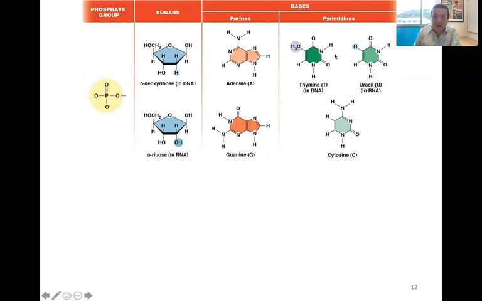There are a bazillion, this is what my kids say, almost infinite number of different substitutions of different atoms that you could find on these rings, all of which you would still consider a nitrogenous base because it has the nitrogen groups as part of the central rings. It just so happens, though, that life on Earth, billions of years ago, as life evolved, it turns out you only need to use these 5 in order to make life happen.